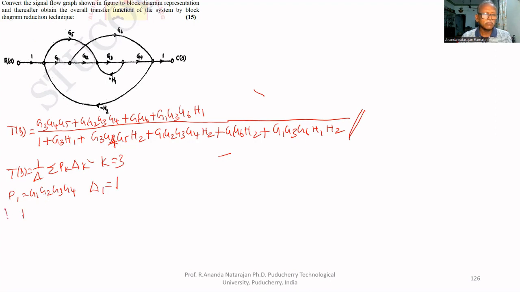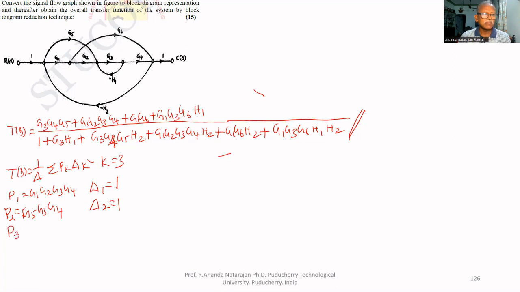Then P2 equal to G1, G2 we can skip by G5, therefore G5, G3, G4 and delta 2 equal to also 1. No part of graph which is not touching the forward path.